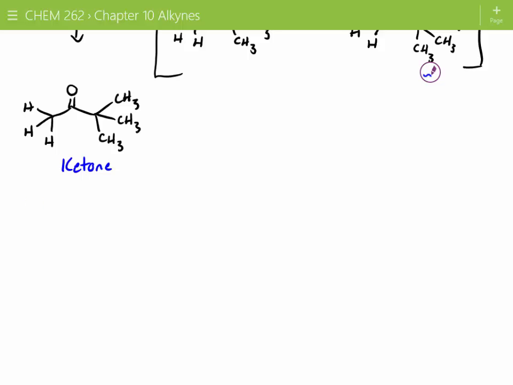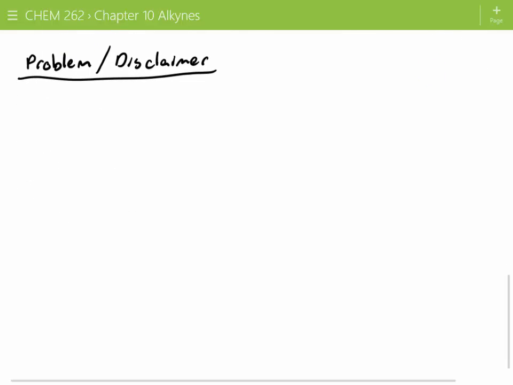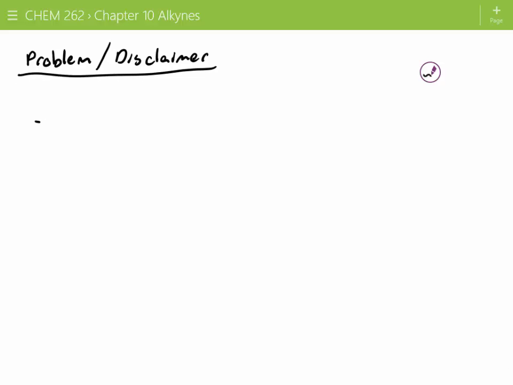All right. So there's one disclaimer I'm going to add to this. So I'll add problem/disclaimer, just to make things more fun. What if we have this alkene and we add in our proton source and water along with our mercury sulfate?